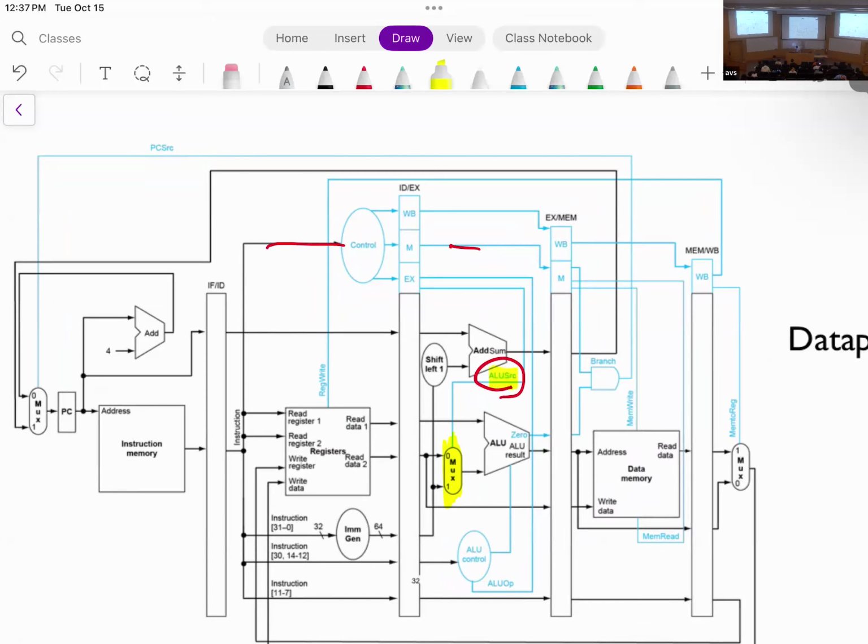This signal is provided by this pipeline register. It was created at this time in the previous cycle, and now I'm going to use it. So now there's the notion of time: when I see a signal, the cycle in which it is used is different. They're not all within the same cycle.